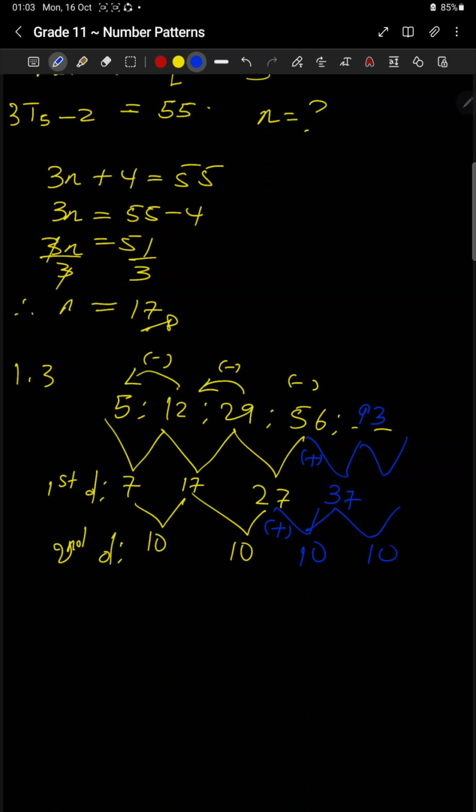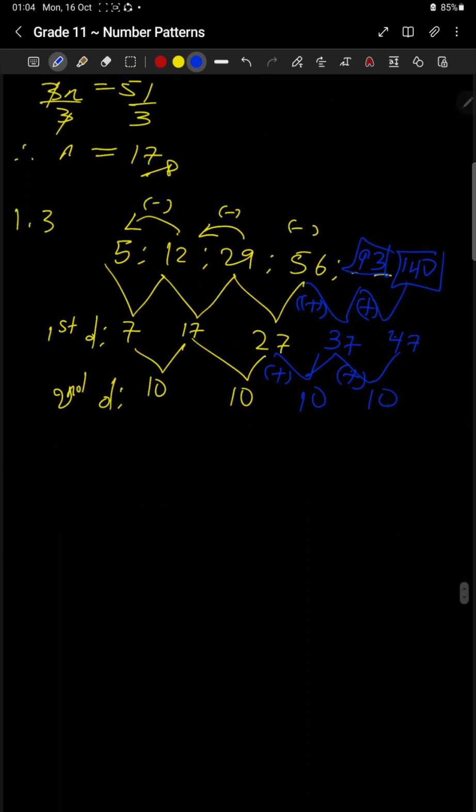It must be 10 surely, because it's the second difference. So 10 plus 37 must be 47. 47 plus 93 must be 140. These are the next two terms. So you always do this one 10 plus this, and 37 plus 56, and 47 plus 93, and so on. So it's easy like that.